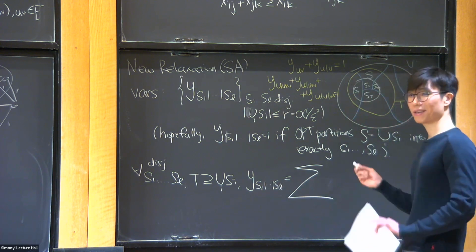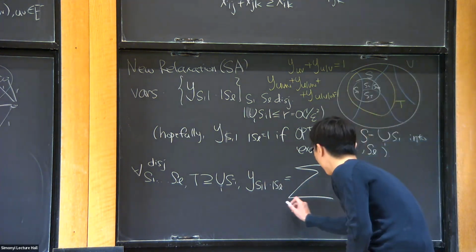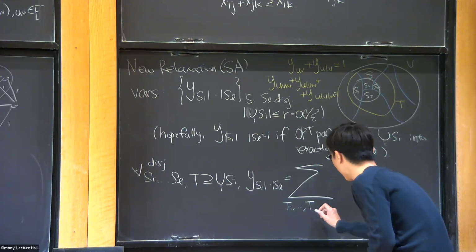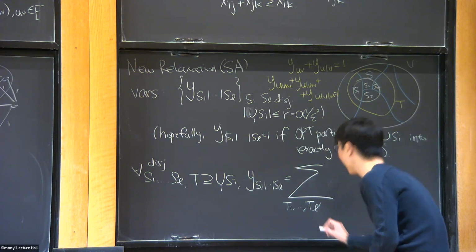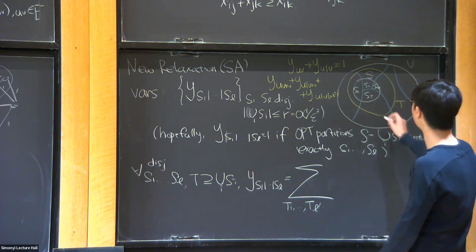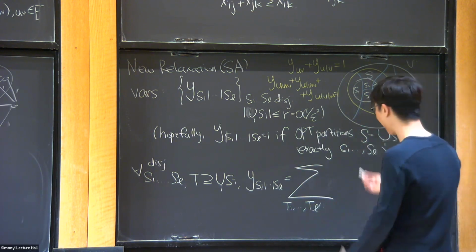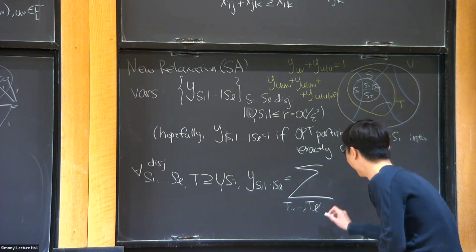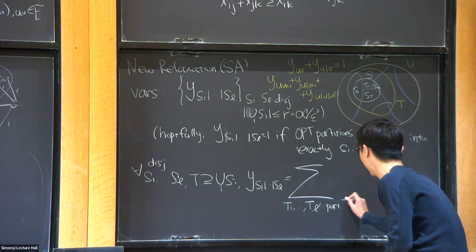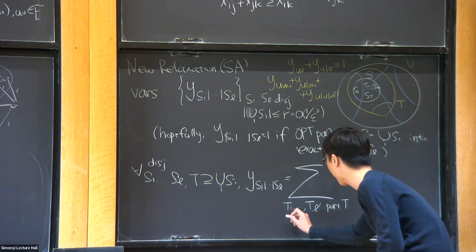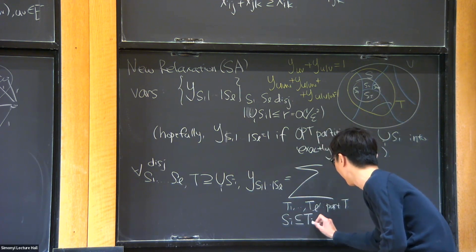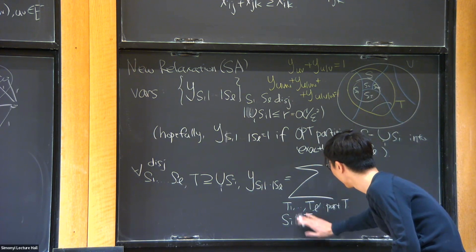Let me not write down the full thing, but basically the T1 through T plus even L prime. Because it might be, so they partition T as a partition T. And then of course after reordering, you can demand that SI is contained in T sigma I, because there is some reordering.